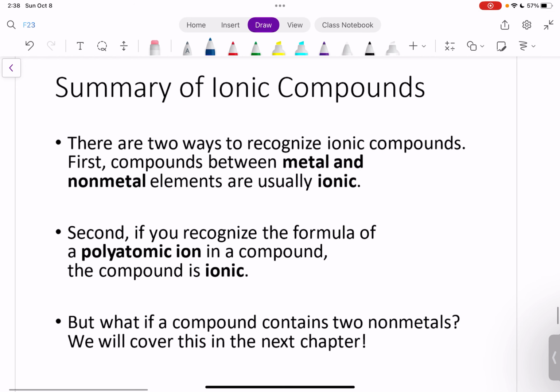All right, so I think the most important thing with ionic compounds is to remember that ionic compounds are formed between a metal and nonmetal. You can have polyatomic ions, right? And they would just be your nonmetals.